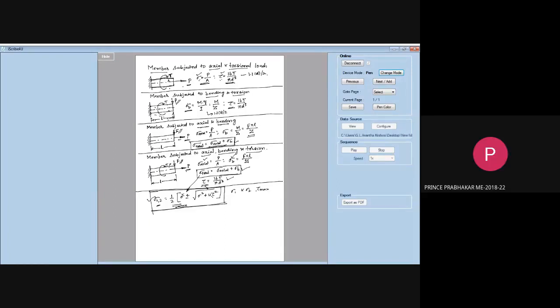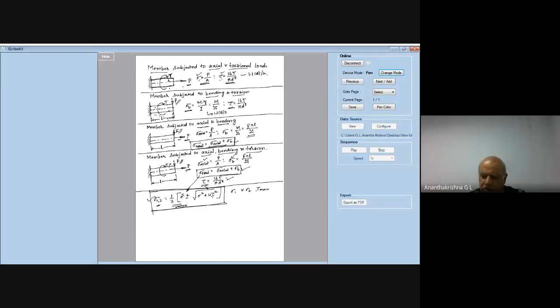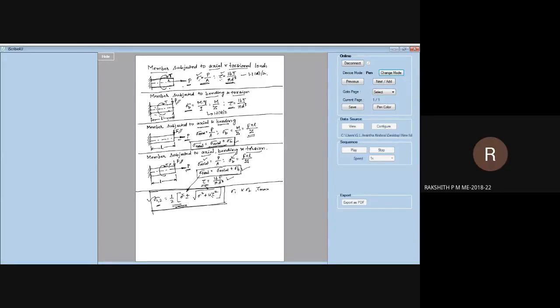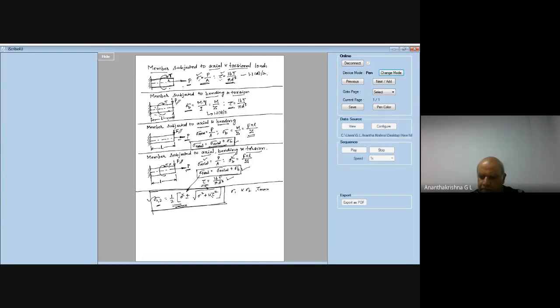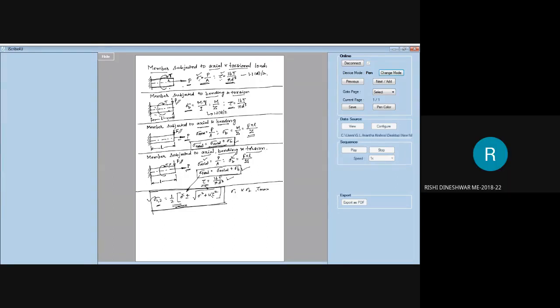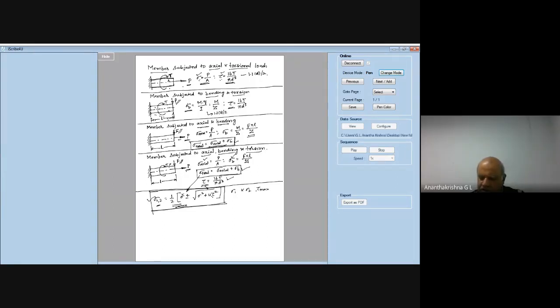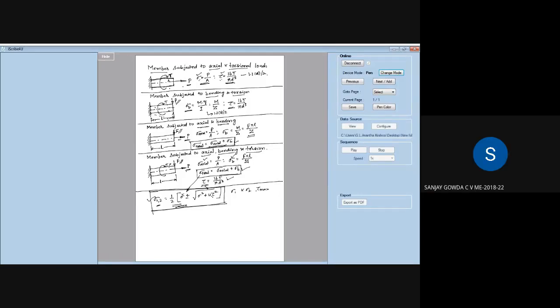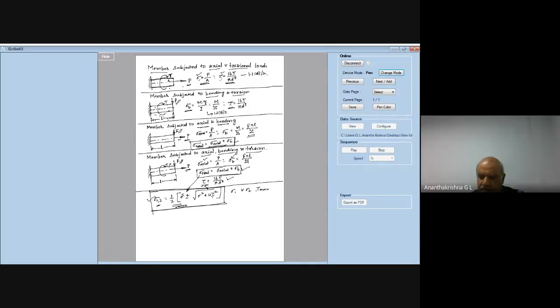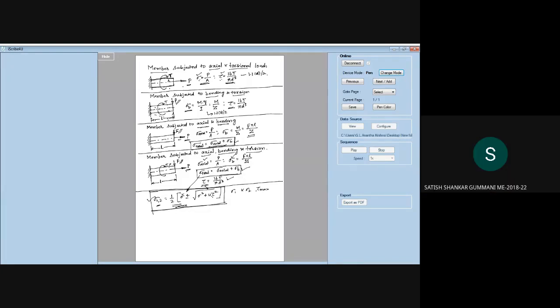Yes, sir. 42? Pinto? 43? Yes, sir. 44? Present, sir. 45? 46? 47? Yes, sir. 48? Yes, sir. 49? Satish Shankar?